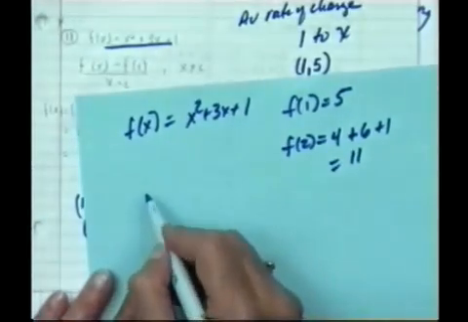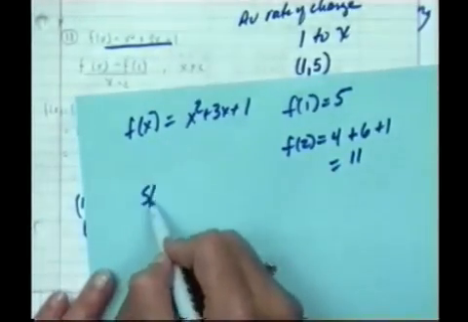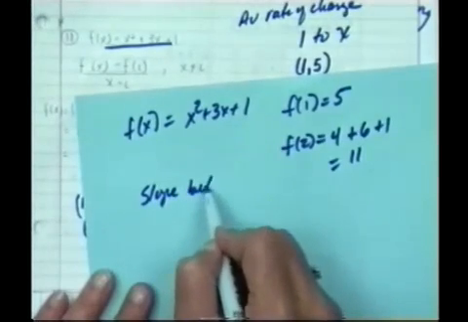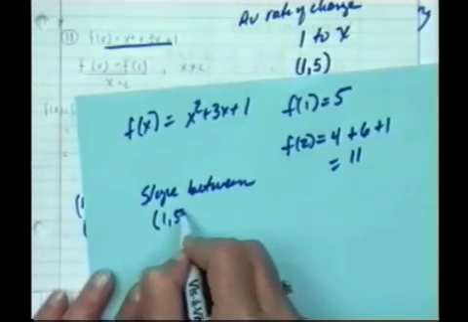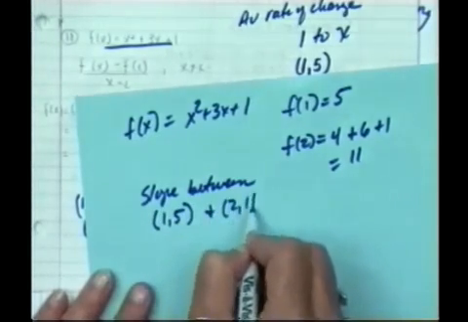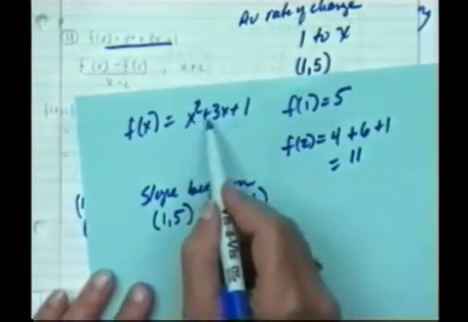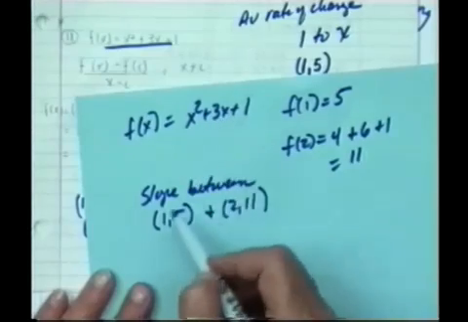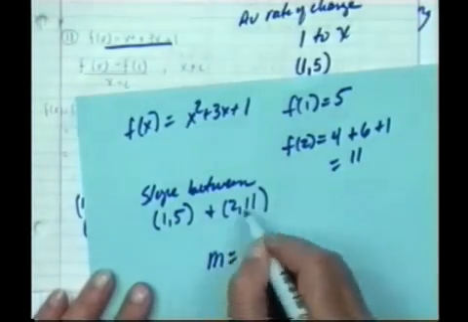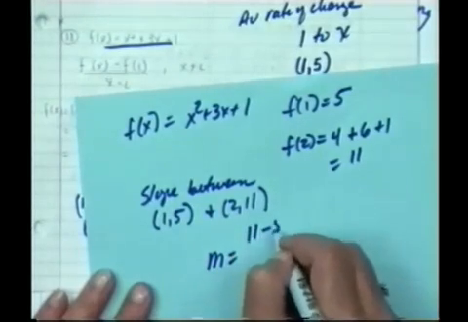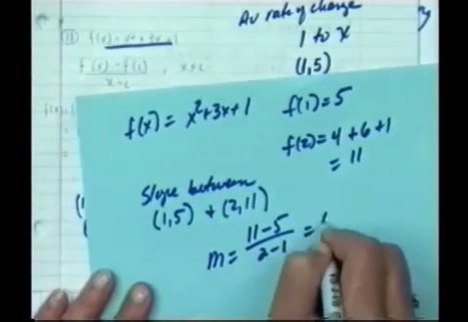If the problem just said find the slope between the points (1, 5) and (2, 11), remember this is a parabola that opens up, and we're looking at the slope of the secant line between those 2 points, you would have just said the slope is 11 minus 5 over 2 minus 1, and you got 6.